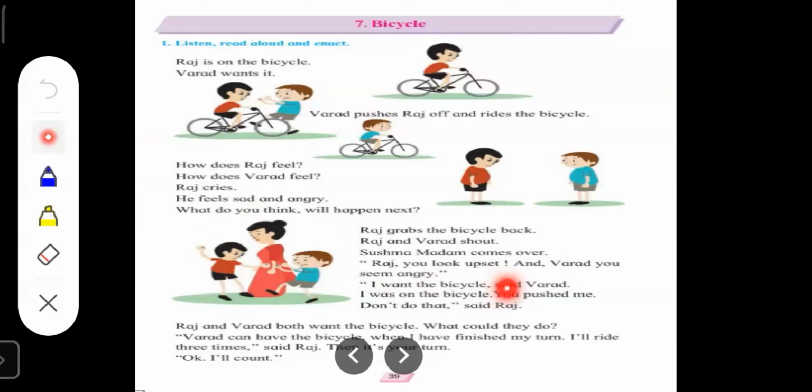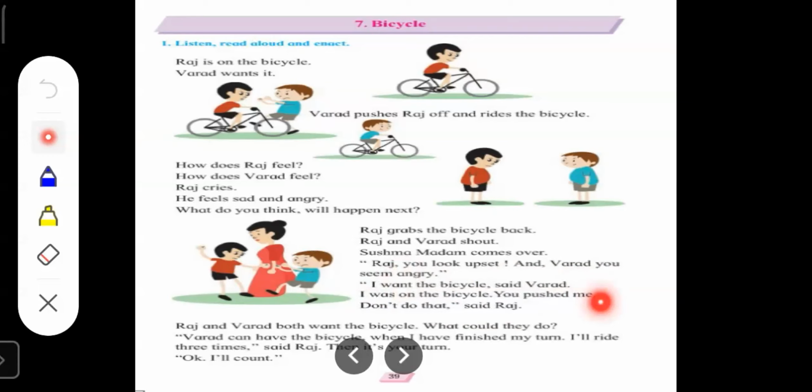I want the bicycle, said Varad. Then what did Varad say? I want the bicycle. Then what did Raj reply? You pushed me. Don't do that, said Raj. What did Varad say to Sushma madam?